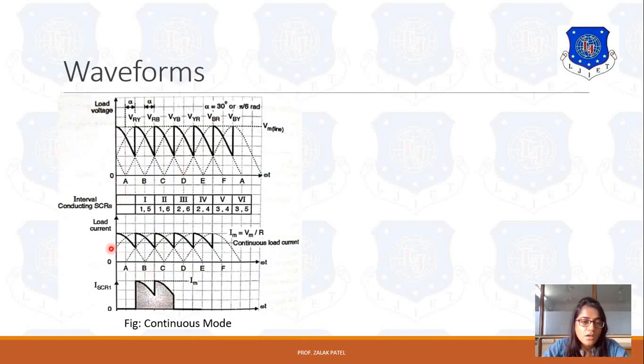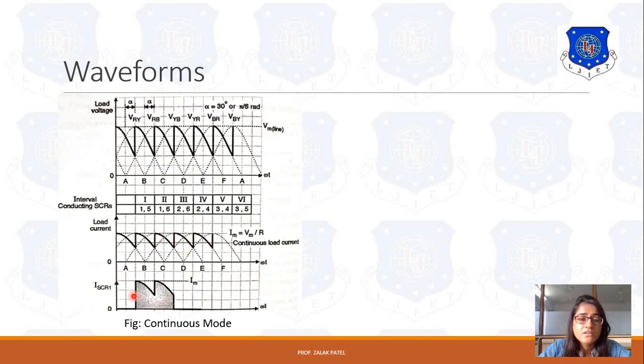Now if you can see, from the alpha, this is a firing angle that is given less than 60 degrees. Consider that the firing angle alpha is 30 degrees. So for the 30 degree case, here we draw the waveform. You can easily say that it does not go to zero level, means it is completely in the positive part, and at a time only one set of SCRs will conduct.